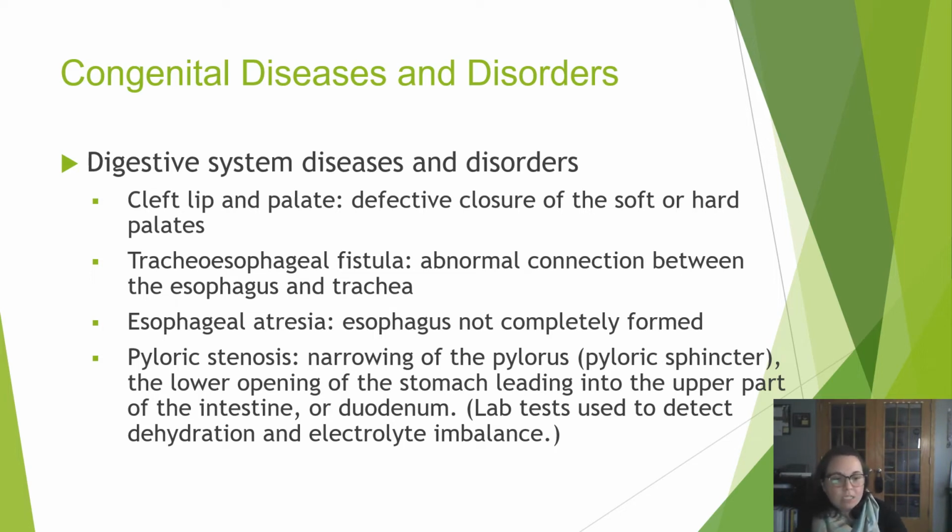That portion leads to the upper part of your small intestine, or duodenum. To detect this, the lab can have tests run that look for marked dehydration and electrolyte imbalances. All of the above listed conditions affect eating and nutrition absorption, starting with the mouth all the way down to the stomach.